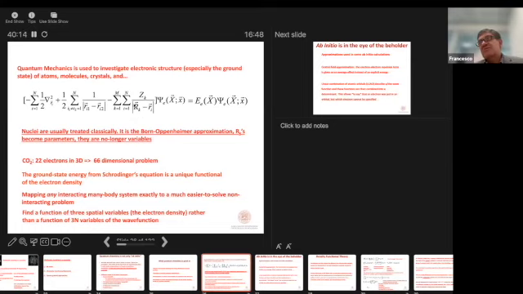So let's take water, which is probably a very simple system. There are 3 nuclei, and then 2 electrons for the 2 hydrogen atoms, and 8 electrons for the oxygen atom.